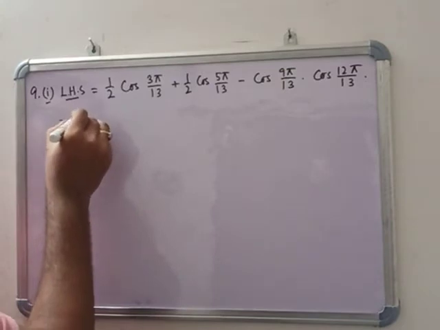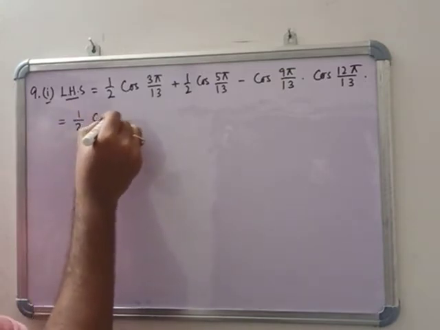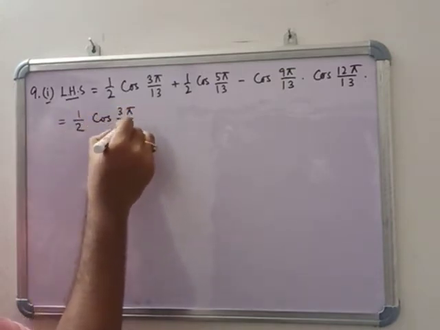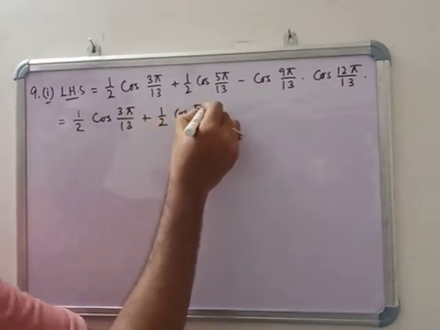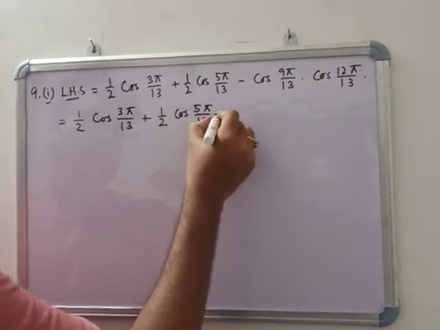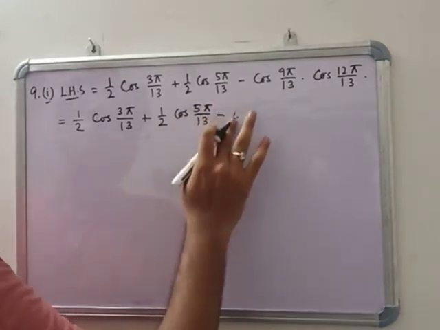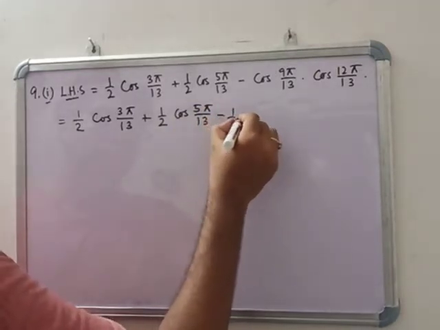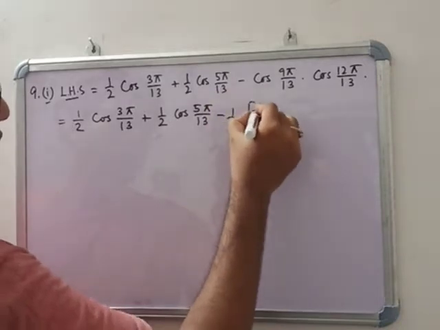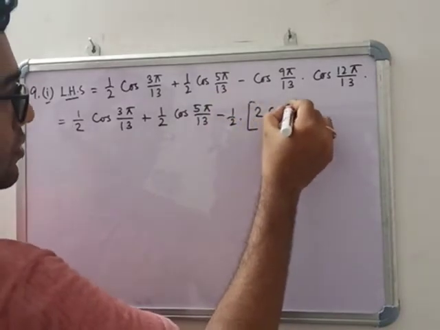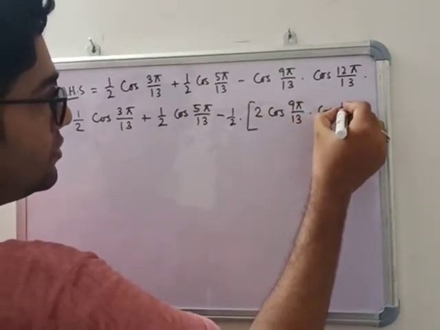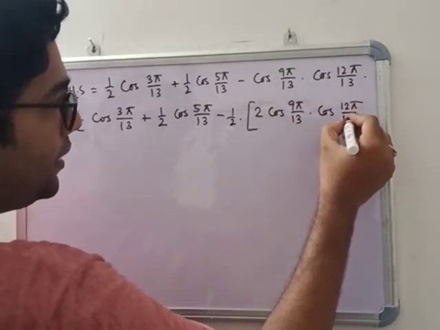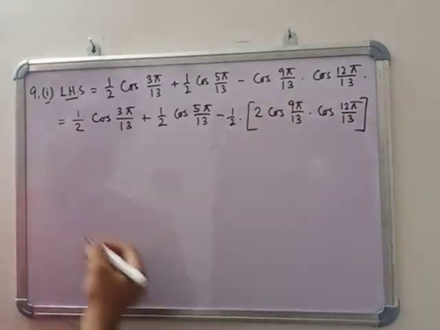So that means 1 by 2 cos of 3 pi by 13 plus 1 by 2 cos 5 pi by 13 minus half into 2 cos 9 pi by 13 into cos 12 pi by 13.